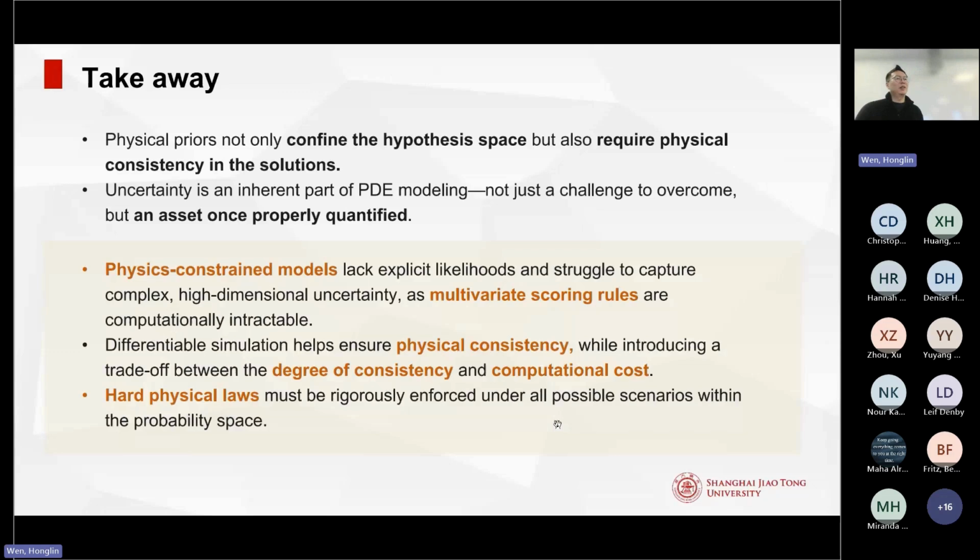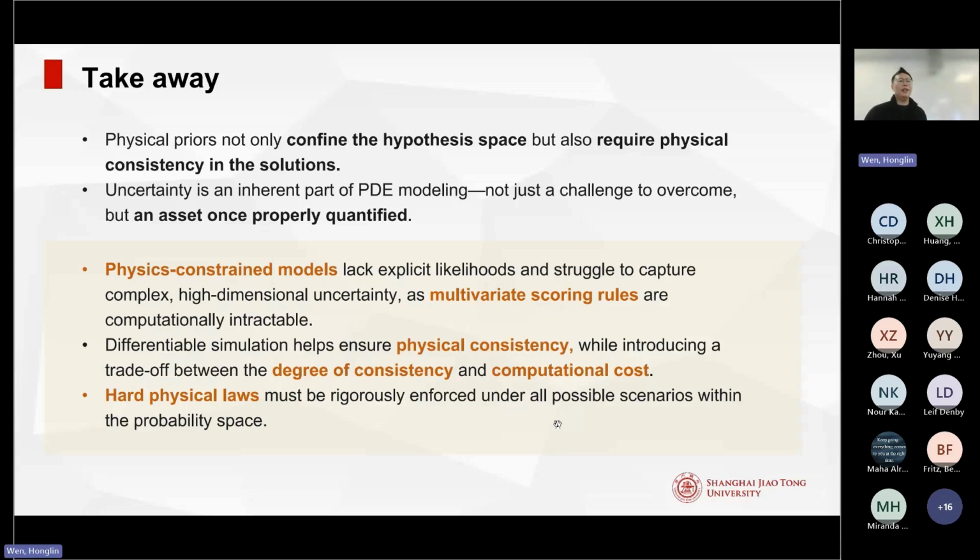To sum up, with the physical priors, on one hand we confine the hypothesis space, which makes training a neural network model easier. But at the same time, it requires satisfying the physical constraints by nature. We must do that.